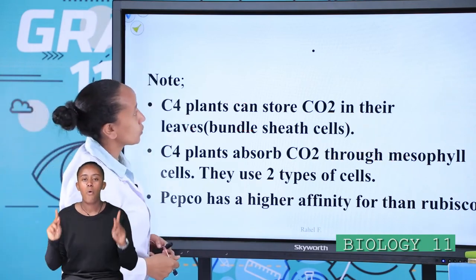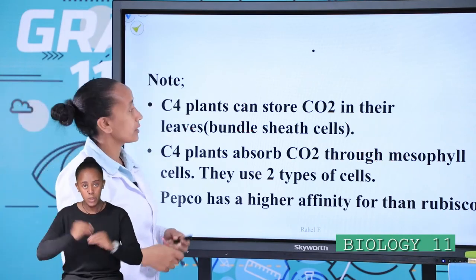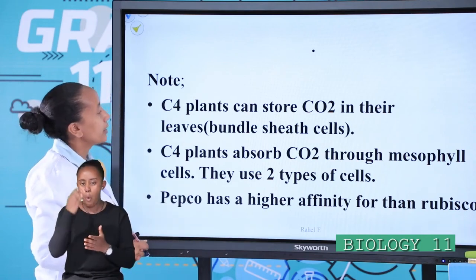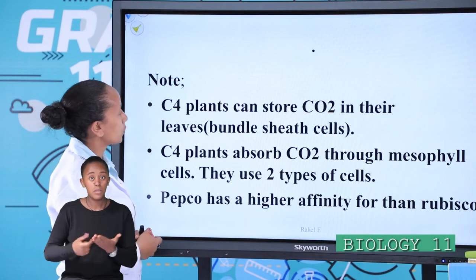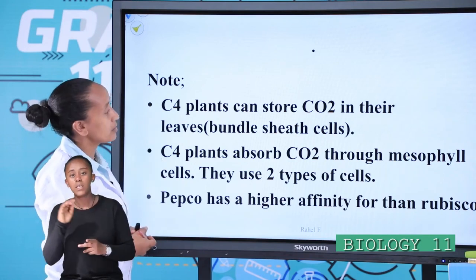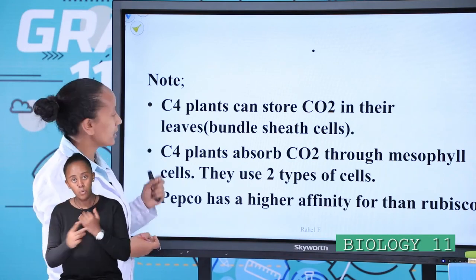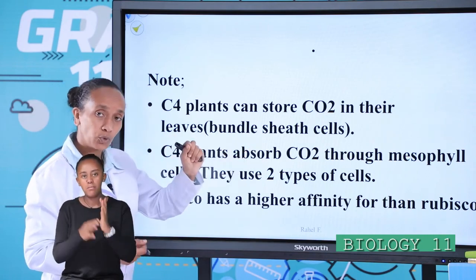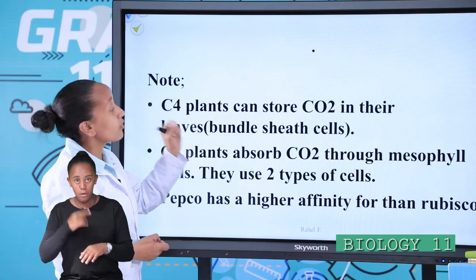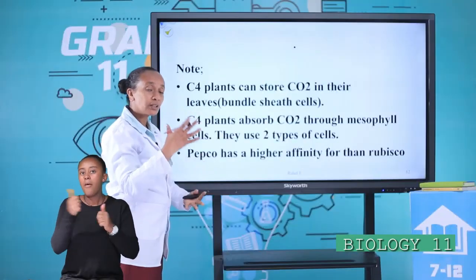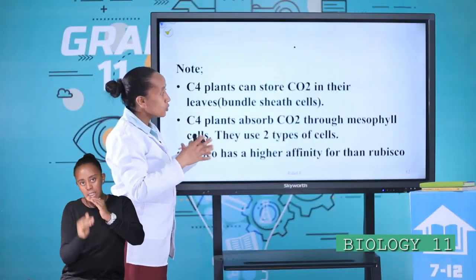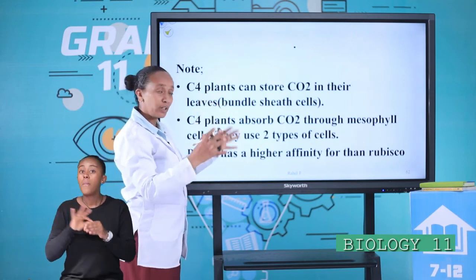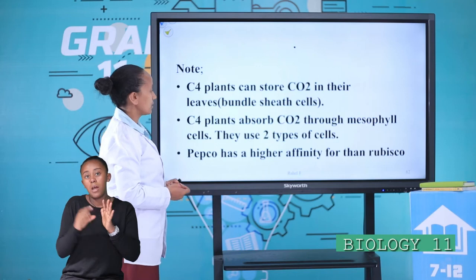Okay, C4 photosynthesis, as we said, occurs in plants that are adapted to hot environments. And the main point in this process is that C4 plants can store carbon dioxide in their leaves or in the bundle sheath cell. This is a very important point, because if atmospheric carbon dioxide increases or decreases, there is no effect on C4 plants, because they already store carbon dioxide in their leaf.